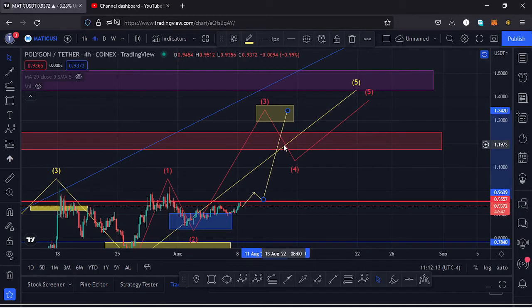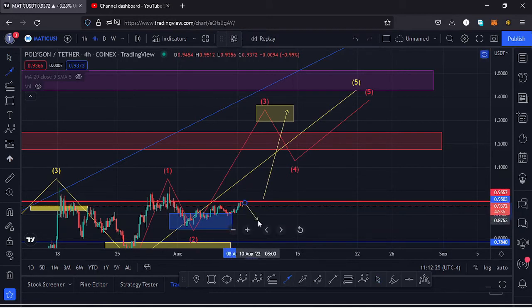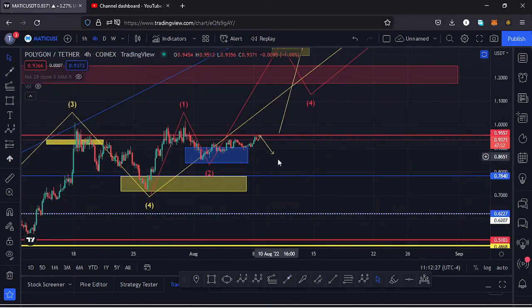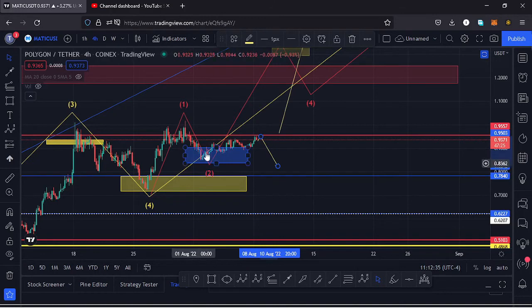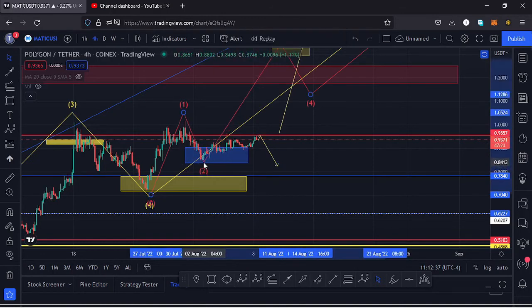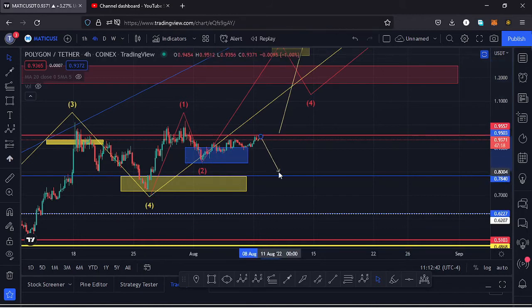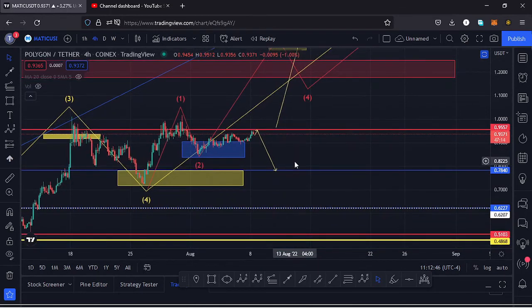And it's also possible that maybe the low for that wave 2 is not yet in, and over here as we try to break above this key area of resistance, we might get rejected and have a massive pullback to the lower side. And in that pullback to the lower side, if that plays out, I will expect it to make a low that is below the low that I have currently here for that wave 2 to the lower side, and that could take us maybe to around the $0.78 mark on the worst case scenario, where we have a key area of support.